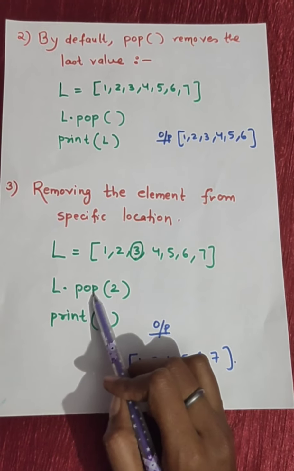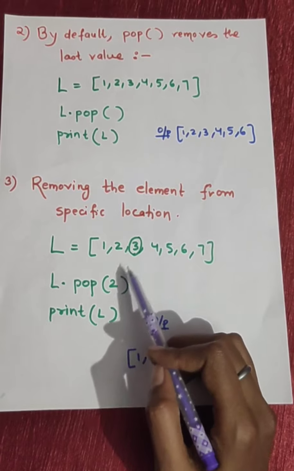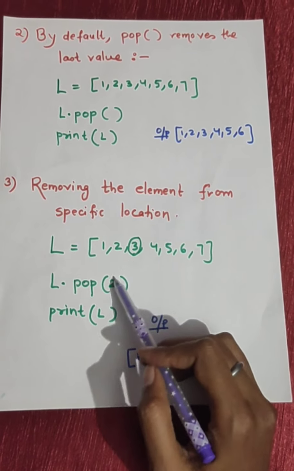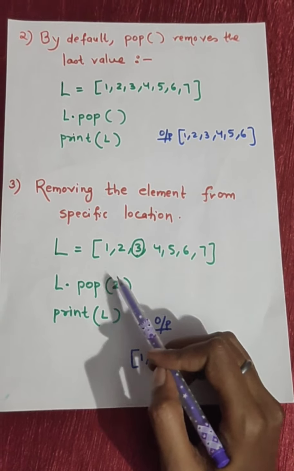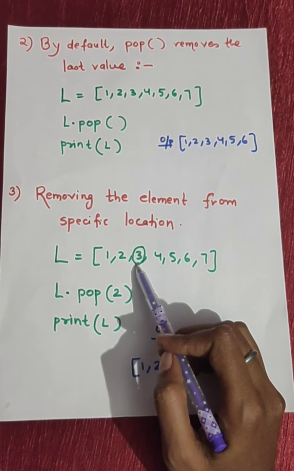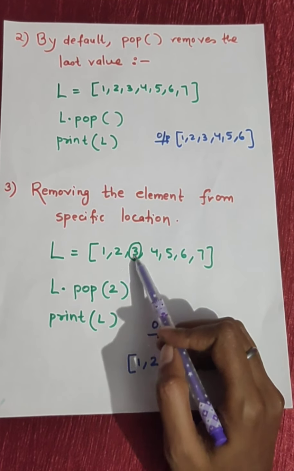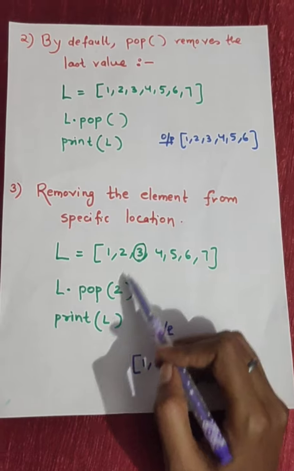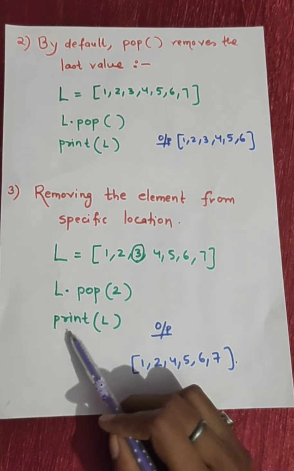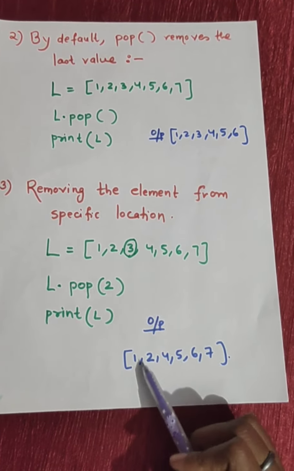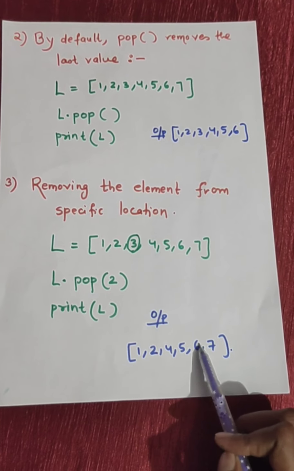So L dot pop, here as an argument you can give the index number of that particular value. What is the index value of 3? The index value of 3 is 2, 0 1 2. L dot pop 2. If you print the list, it will become 1 2 4 5 6 7.